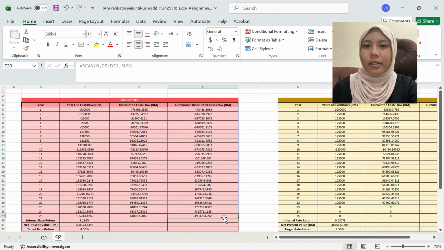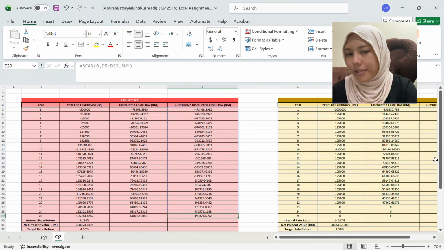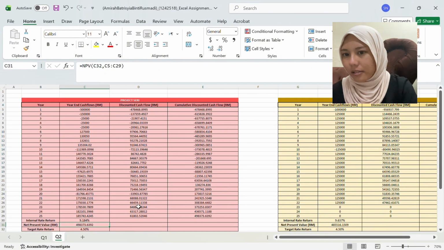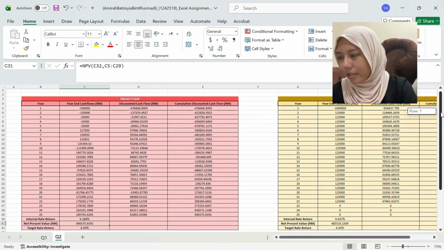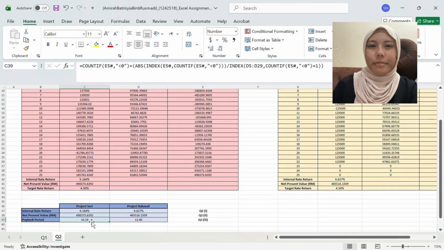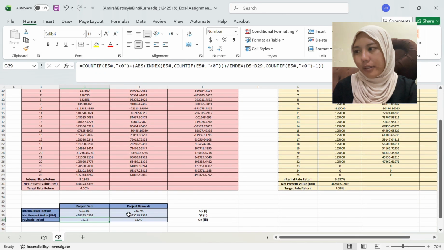So in question 2.3, cell C39 here, calculate the discounted payback period using this formula over here.